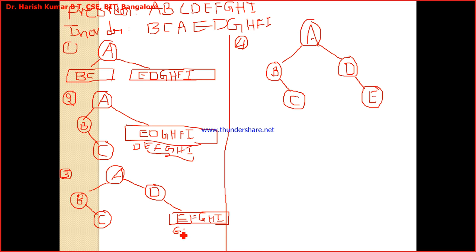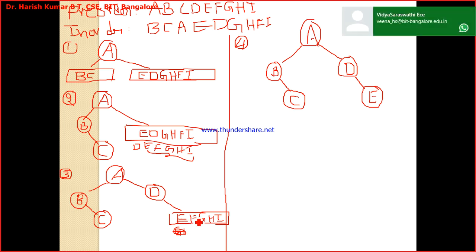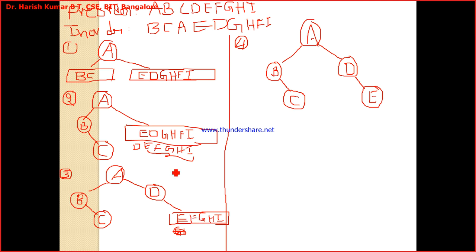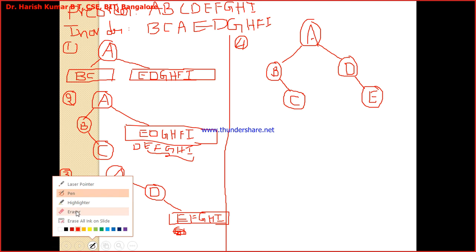Sir, in that rectangle box we should write G, H, F. So just tell me where I made a mistake. Sir, E should come as the left child of D. Sorry, I looked into the pre-order traversal and I wrote this. Okay, got the point. Thank you.